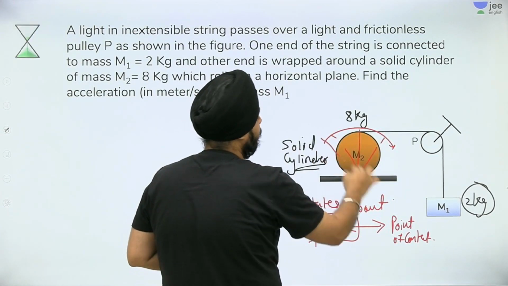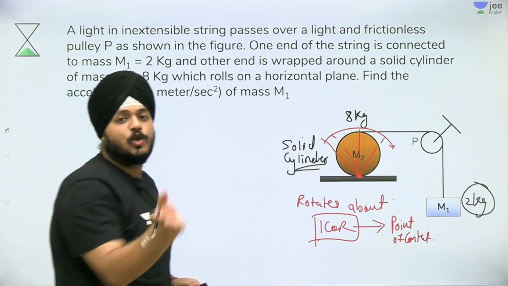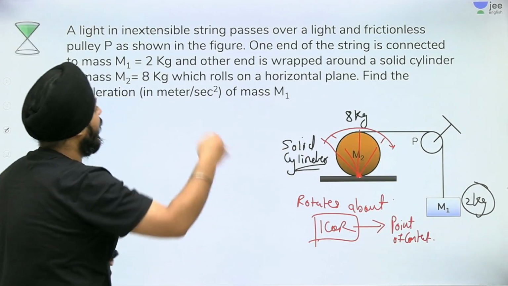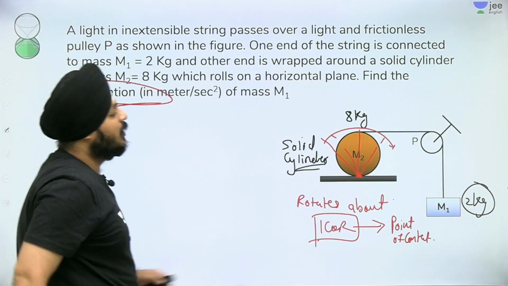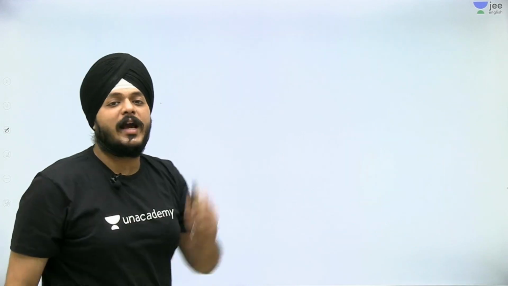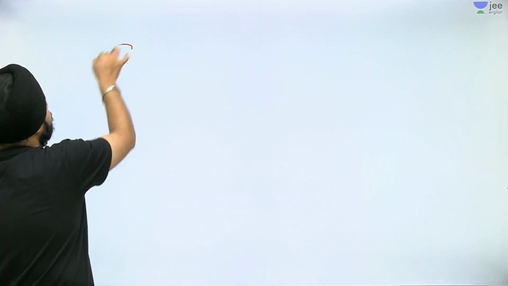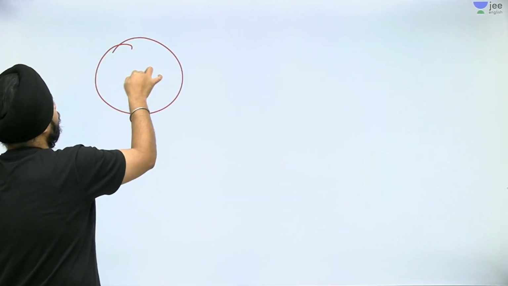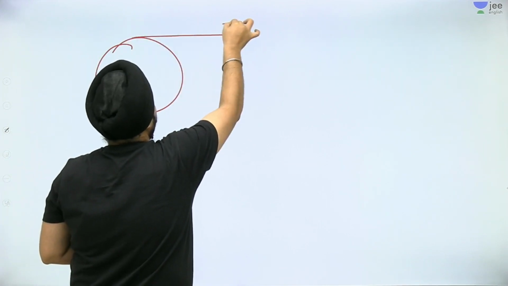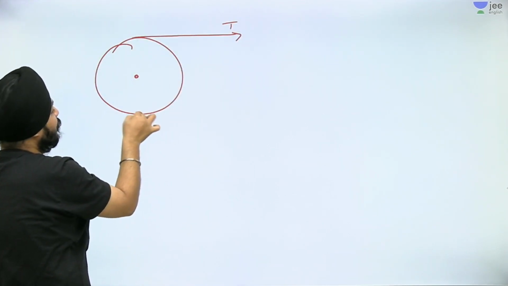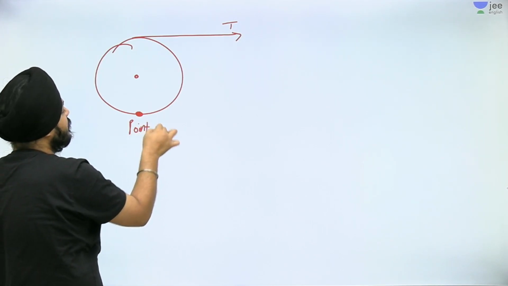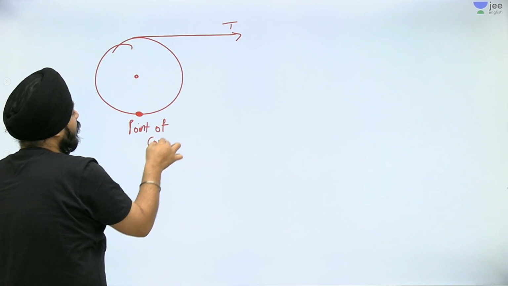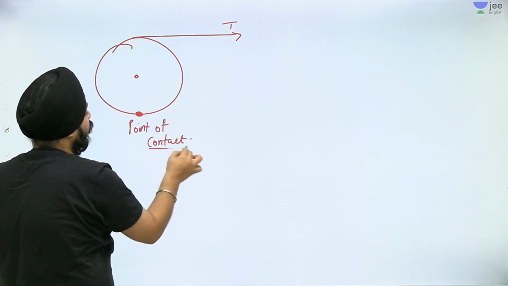Let us draw the FBD first and then resolve it, because we want to find the acceleration of the block. This is the solid cylinder, and here tension is acting. This is our instantaneous center of rotation, or in another sense the point of contact.